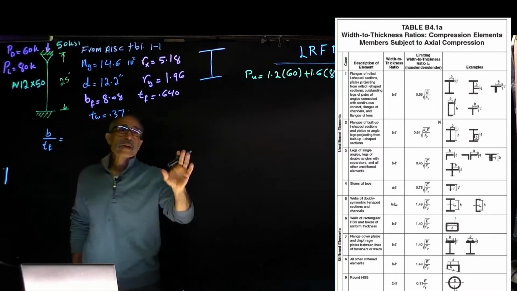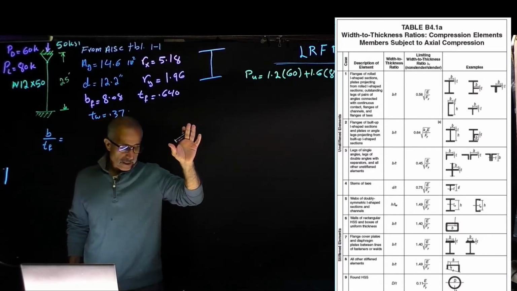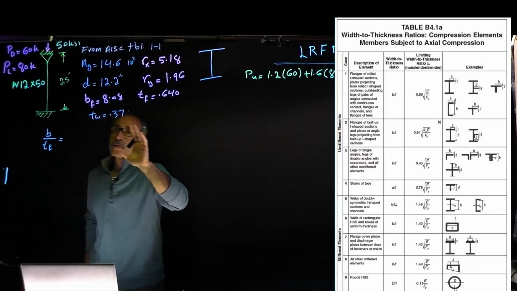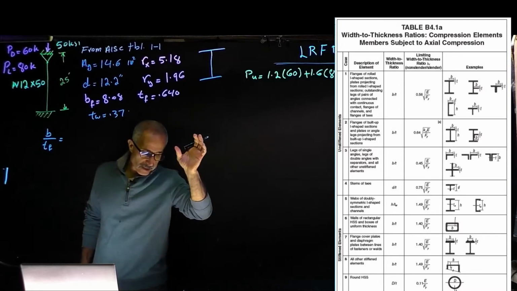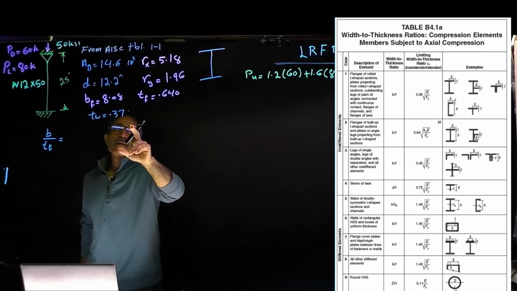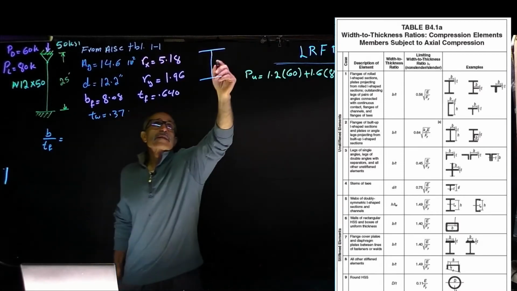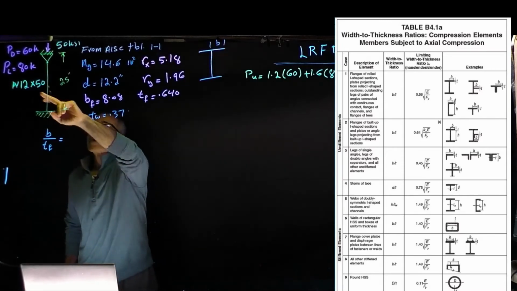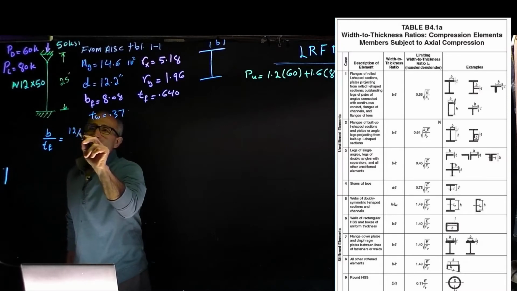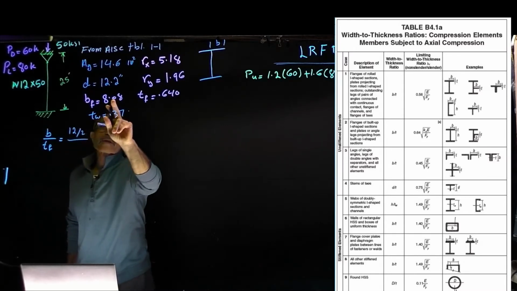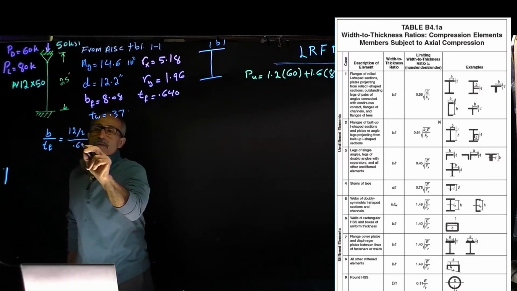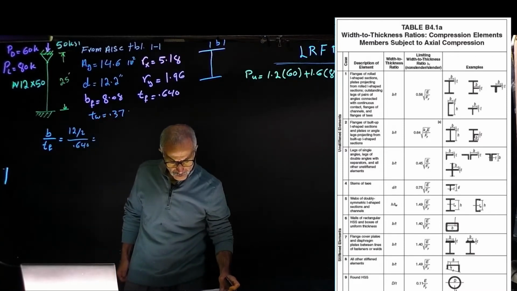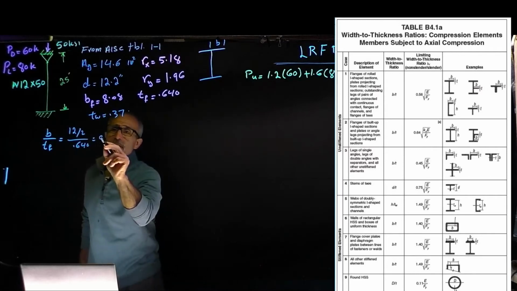Now look at the table. Our section is a W12, so the b that shows in case 1 is half of the flange width, basically this is b right here, which is 12 divided by 2. So we have 12 divided by 2, and the flange thickness was 0.640, and that number comes out to 9.375.